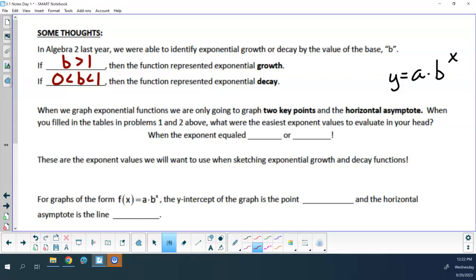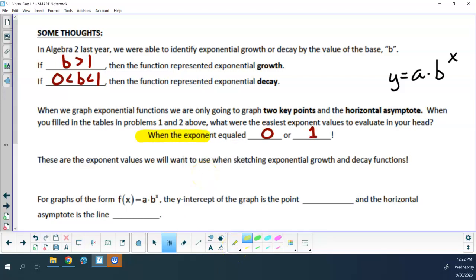When we graph exponential functions, we really only need, at minimum, our 2 key points and the horizontal asymptote. The easiest exponents to find, or the 2 key points that we want you to find, are when your exponent is equal to 0 and when your exponent is equal to 1.